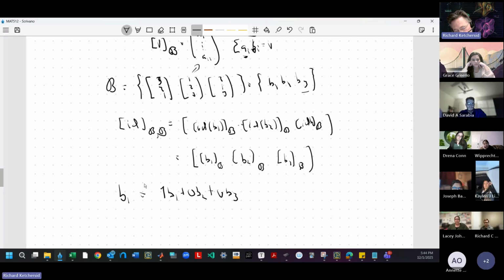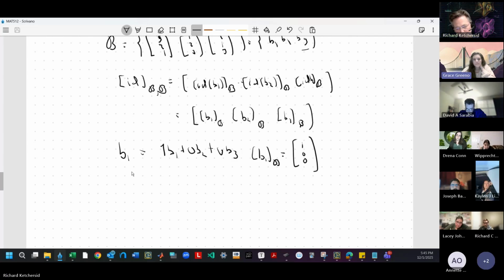B1 is equal to 1 B1 plus 0 B2 plus 0 B3. That's obvious. So the matrix of B1 with respect to the basis B is 1, 0, 0: there's one B1, zero B2s, zero B3s.